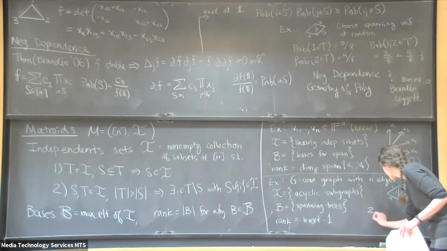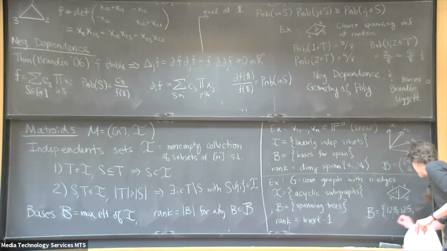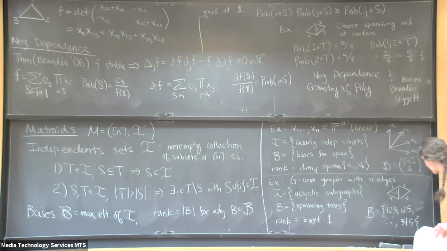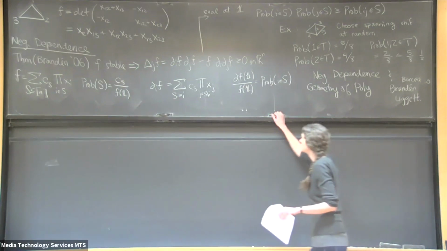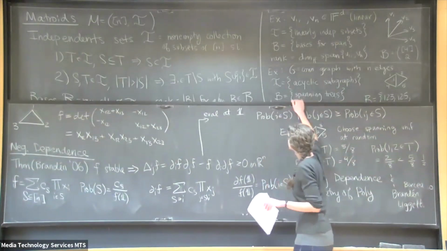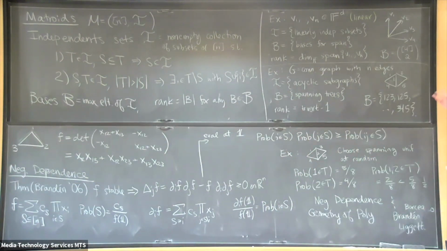Let's say my collection of bases would include 1, 2, 3, 1, 2, 5. It's not a matrix kind of thing this way, but it's a nice way to talk about it.